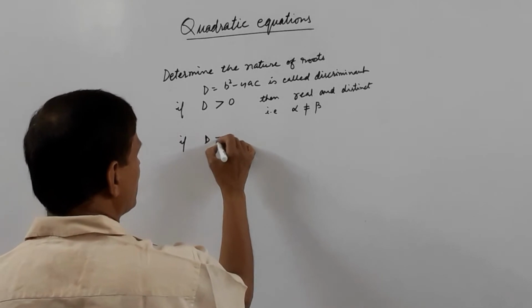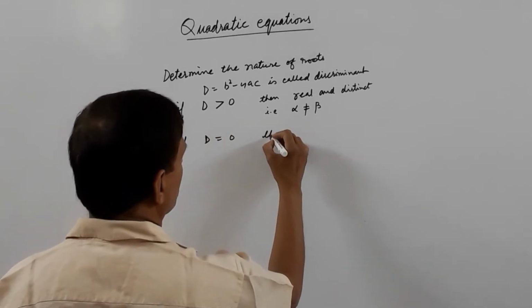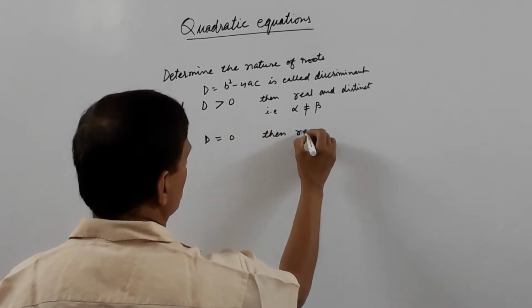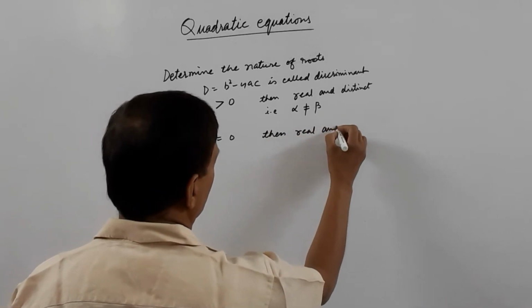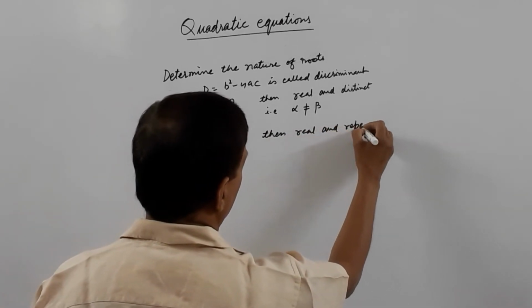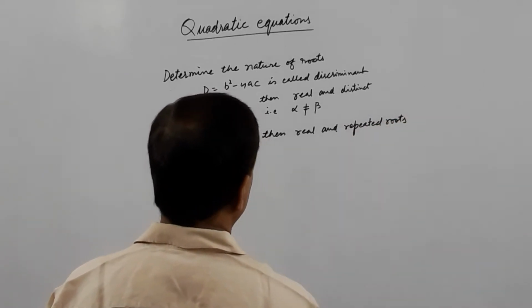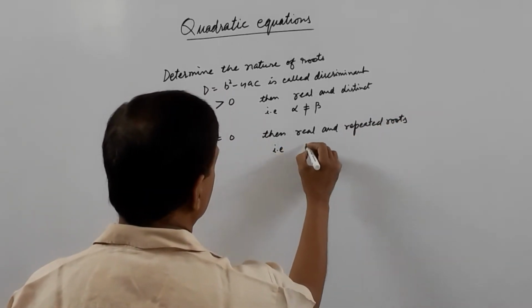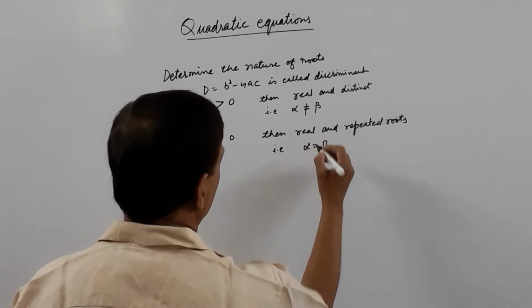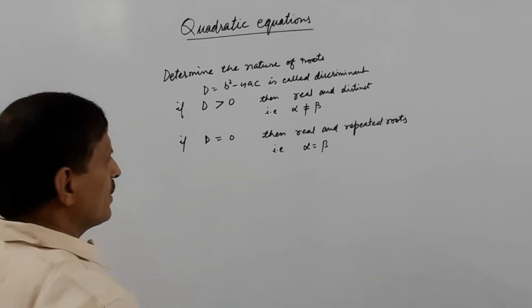If D is equal to 0, then real and repeated roots, that is alpha is equal to beta.